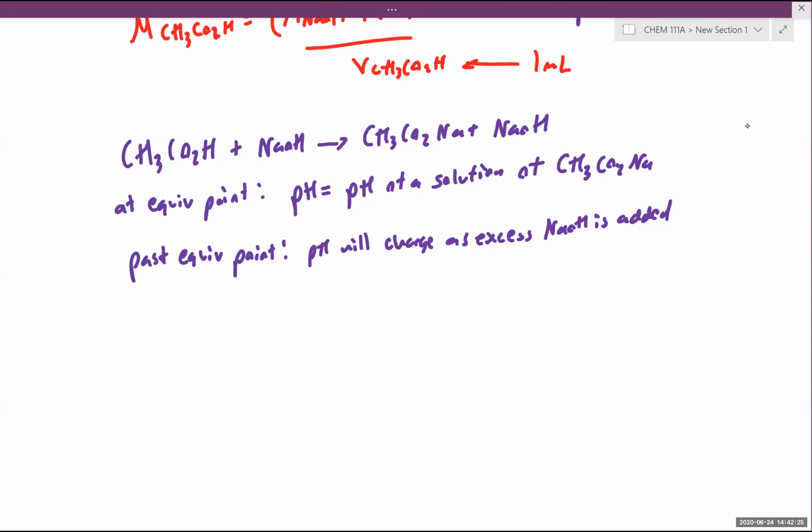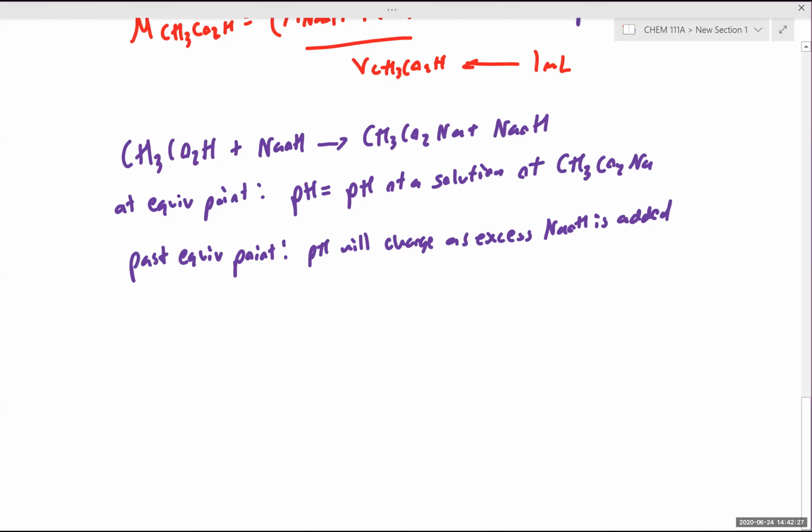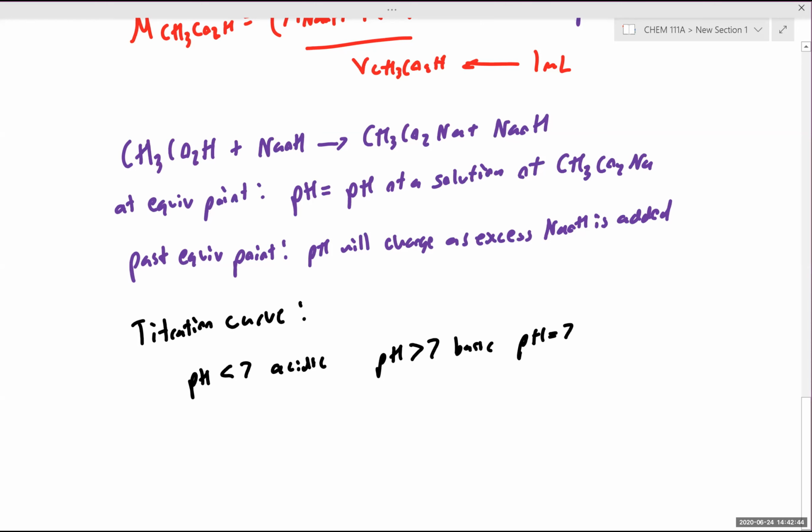So to talk a little bit about how that works in terms of titration curves, let's show a titration curve. So pH less than 7 is acidic. pH greater than 7 is basic. pH equal to 7 is neutral.